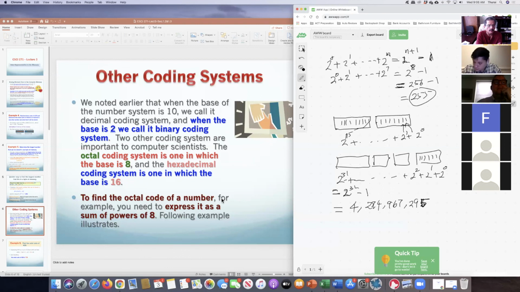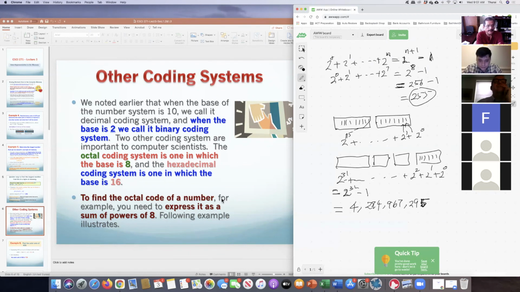Then we went over the binary coding system. The reason for binary coding is that the computer can only handle 0 and 1, two different things, and therefore only the binary coding system has 2 symbols to represent all the numbers.